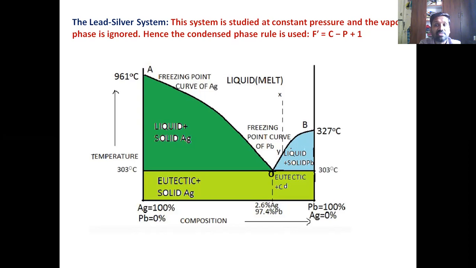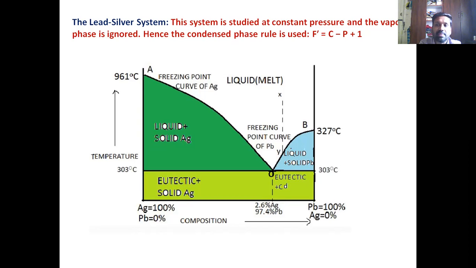Please note the difference from this phase diagram. In the water and sulfur system, the axes were temperature and pressure, with temperature on the x-axis and pressure on the y-axis. Look at the difference. In this condensed phase diagram, since we have excluded pressure from our discussion, pressure is no longer a variable in our graph.